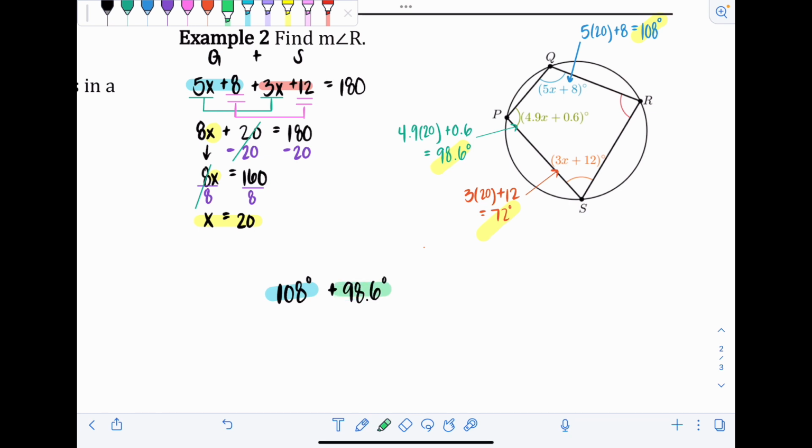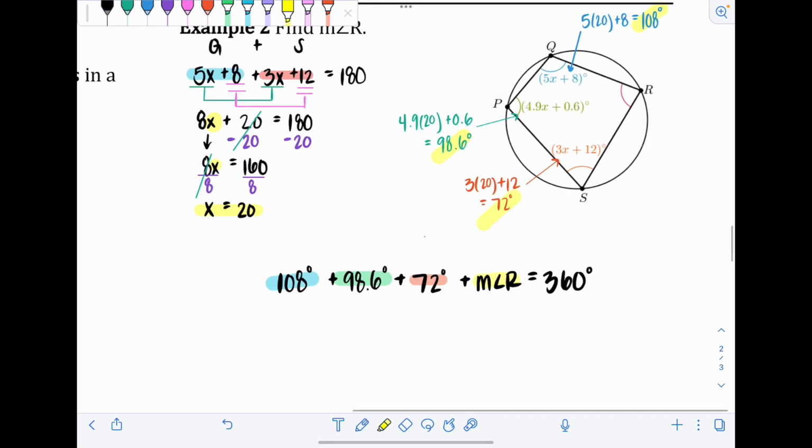And then the measure of angle S was 72 degrees. And then next we need to put in that 4th angle, which we don't know yet, that's going to be the measure of angle R. And then all 4 of those angles added up together should be 360 degrees.